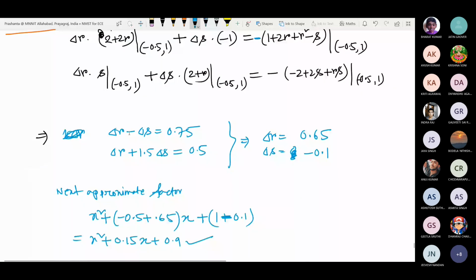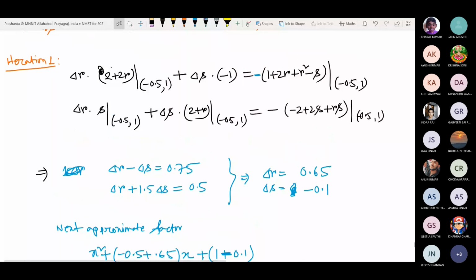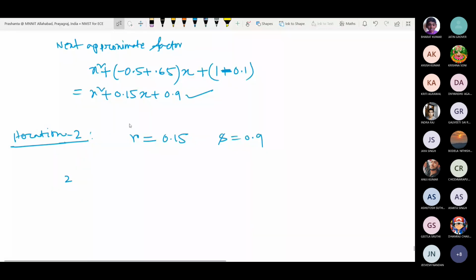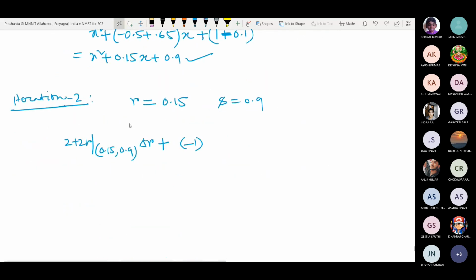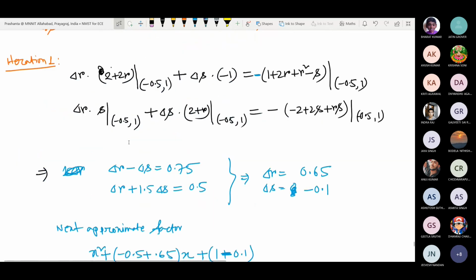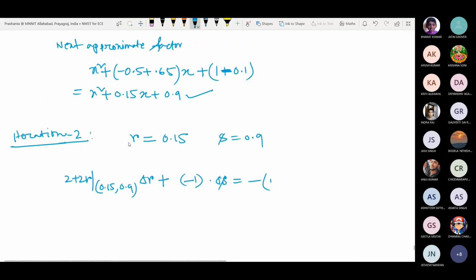So the equations will be, let me write down, 2 plus 2r evaluated at 0.15 comma 0.9 into delta r plus minus 1, so minus 1 into delta s equals to minus C of R, S. So minus, what was C? 1 plus 2r plus r square minus s.